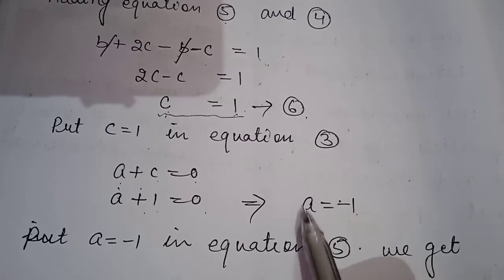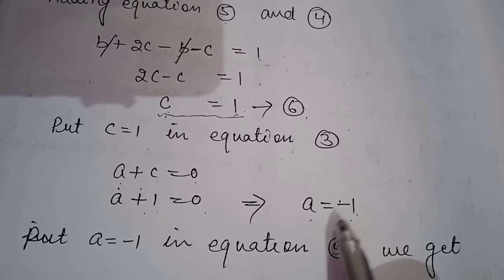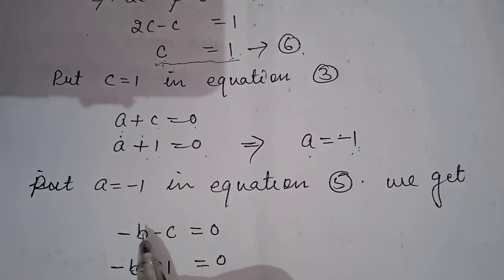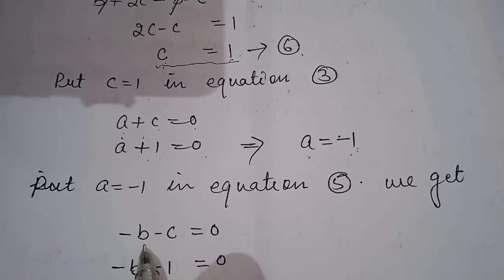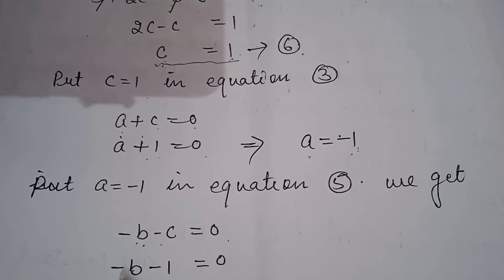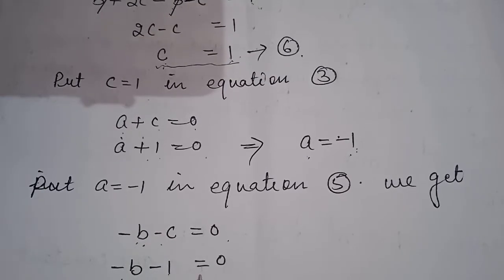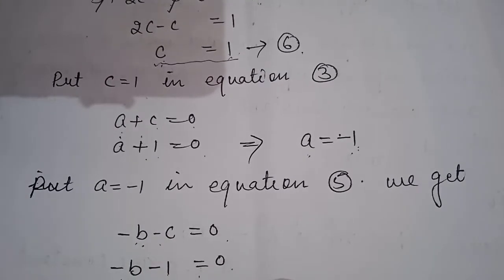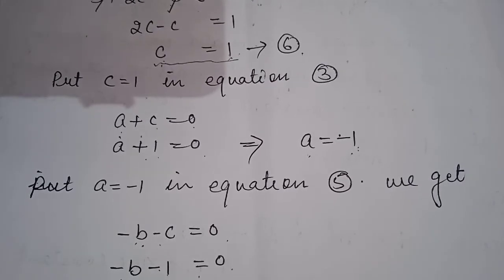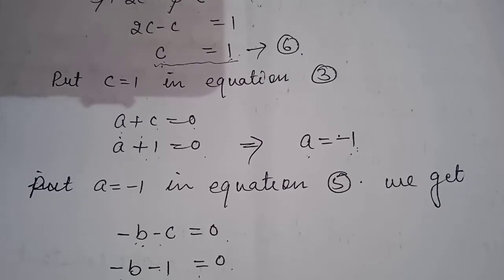Again, we put the value of c in equation 5, which is minus b minus c equal to 0. So minus b minus 1 is equal to 0. The 1 goes to the other side and becomes positive, so b is equal to minus 1.